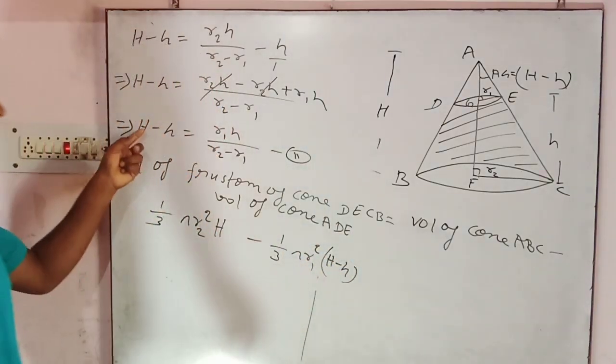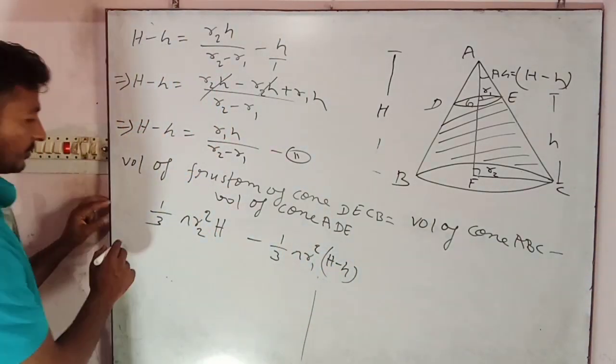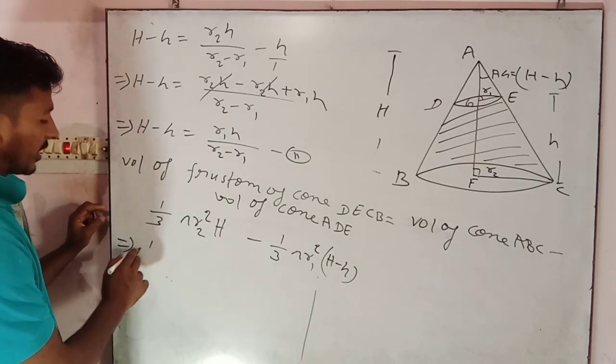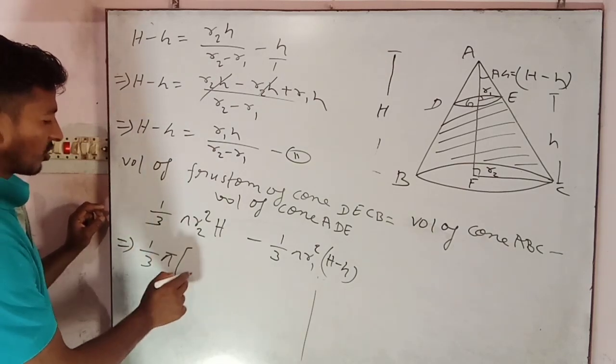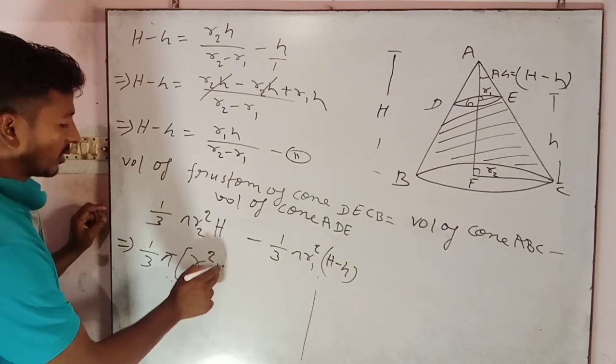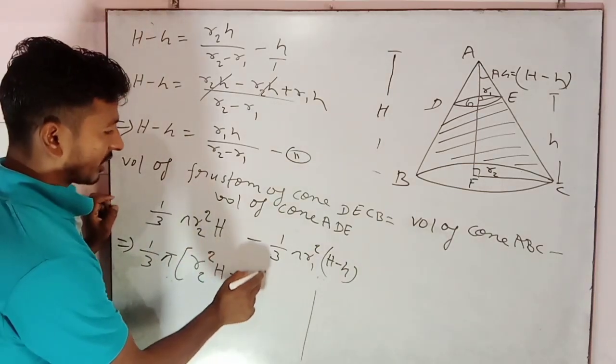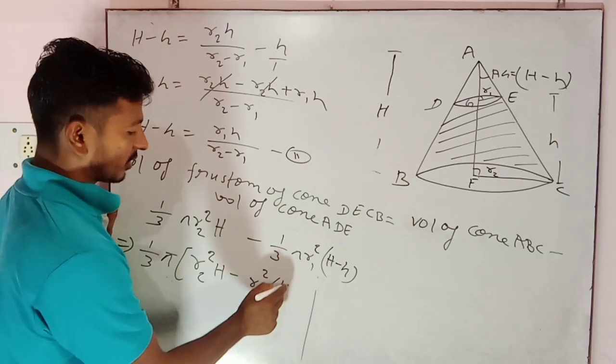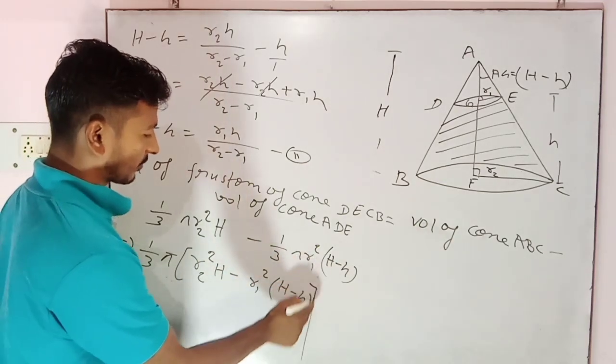That's why we found capital H minus h. Now we can take 1 by 3 pi as common, then we are left with R2 square H minus R1 square (H minus h).